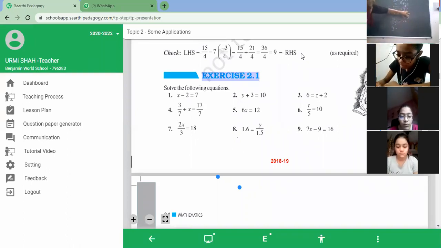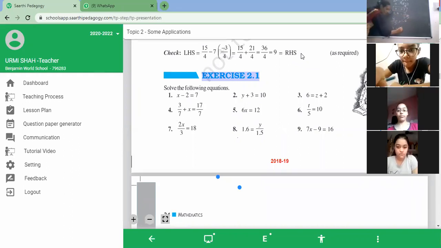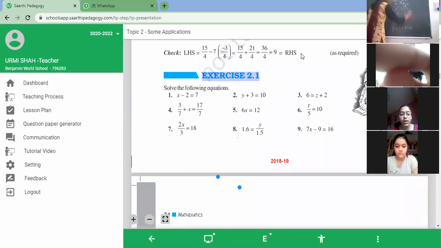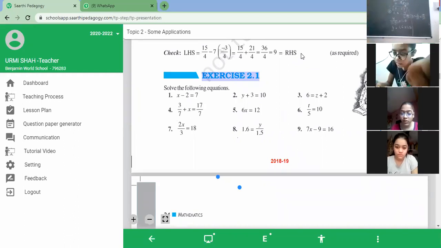Now just change the side. y will become this side and this will go that side. So it becomes 1.6 multiplied by 1.5. Therefore you can write 16 upon 10 into 15 upon 10. Just convert the decimals by putting 10 in the denominator.